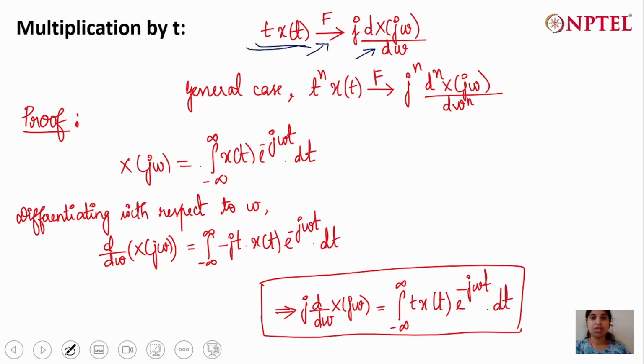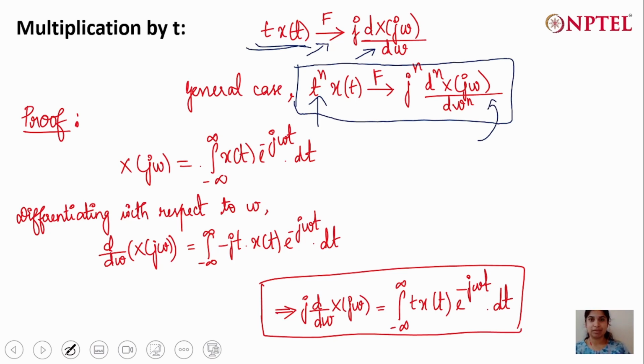What is the general case of this? t power n into x of t, if I take the Fourier transform, I'm going to get j power n into d power n X of j omega by d omega power n. So you're differentiating it n times.